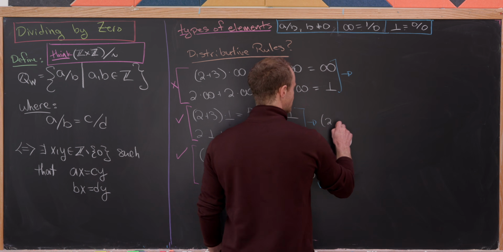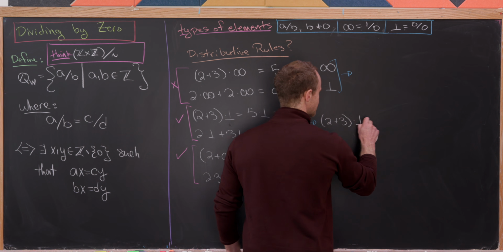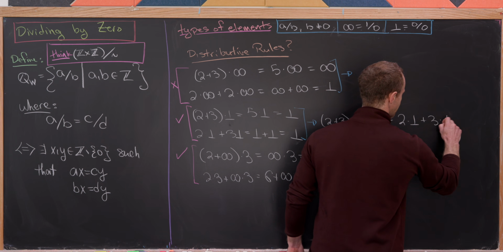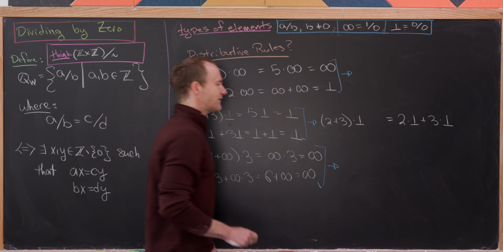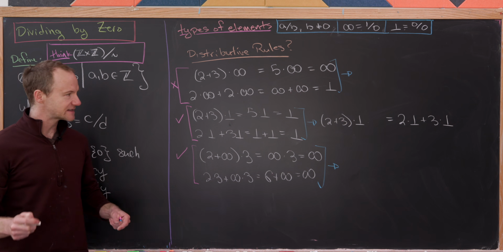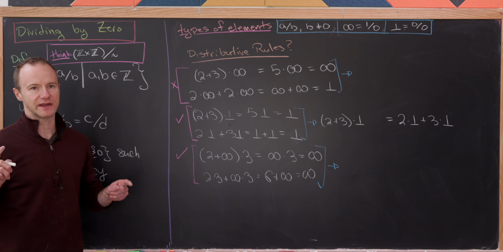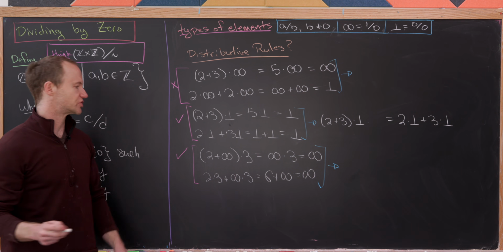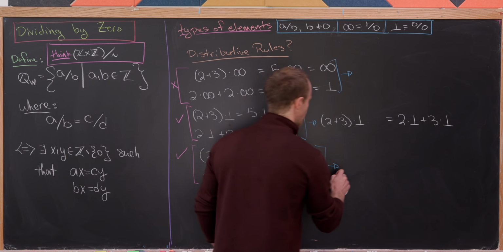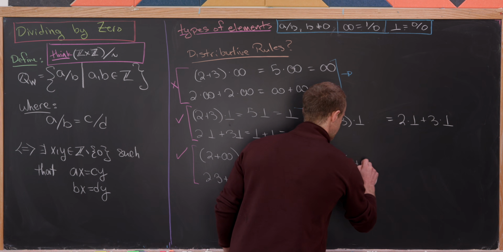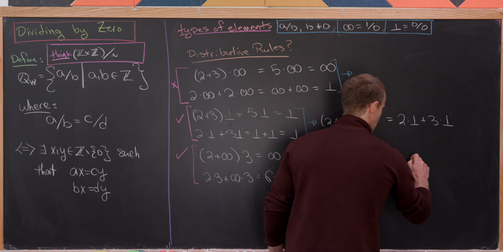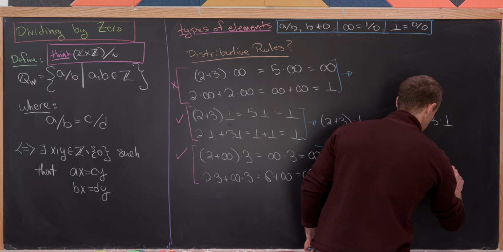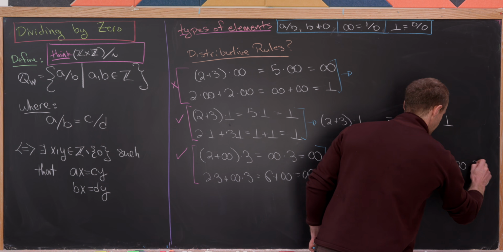So here we have 2 plus 3 times the perpendicular number equals 2 times the perpendicular number plus 3 times the perpendicular number. I left a little gap right here because inside of that gap, I'm going to add the perturbation or the correction term to make this new distributive rule. And then similarly over here, we have 2 plus infinity times 3, plus this new term, which is yet to be determined, is 2 times 3 plus infinity times 3.